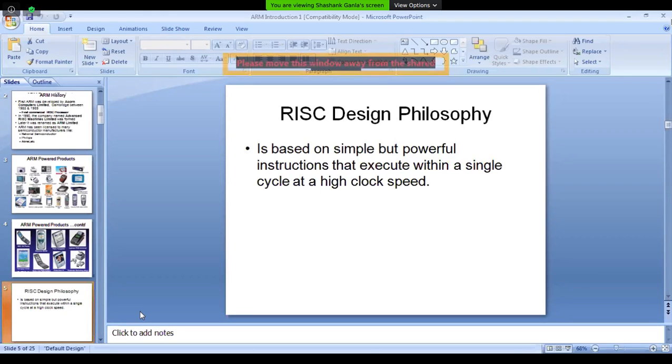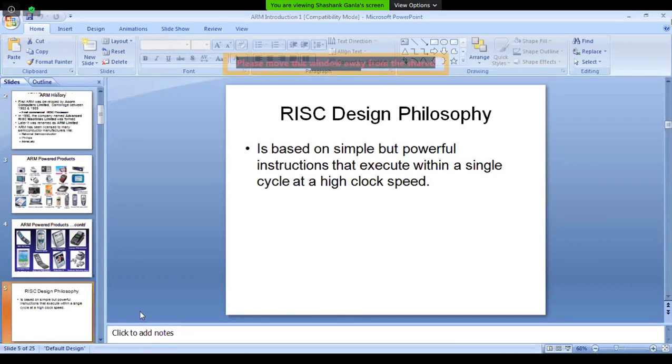But unlike CISC architecture, sometimes the execution cycle may be 1 cycle, 2 cycles, 3 cycles or 4 cycles, depending upon the CPU architecture. In RISC architectures, the execution cycle is constrained to be 1 clock cycle per execution. I'm talking about the execution cycle, okay? I'm not talking about fetch and decode.